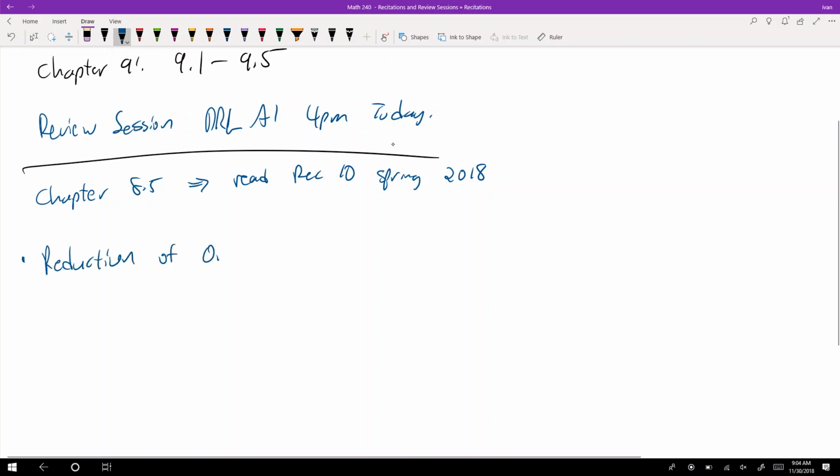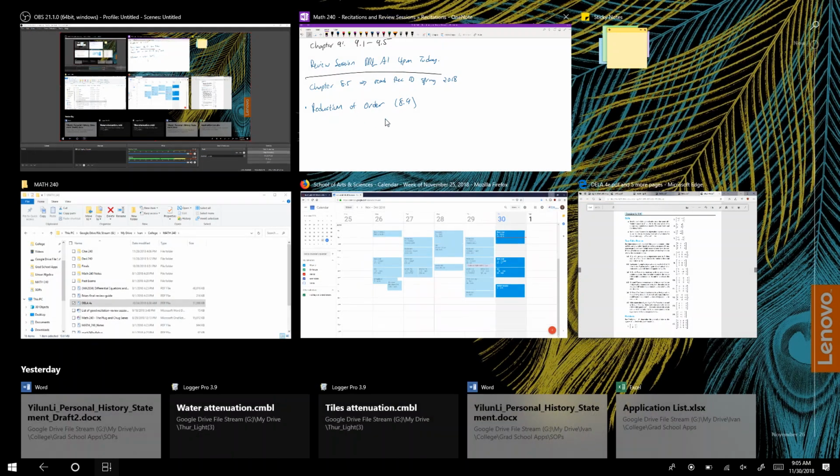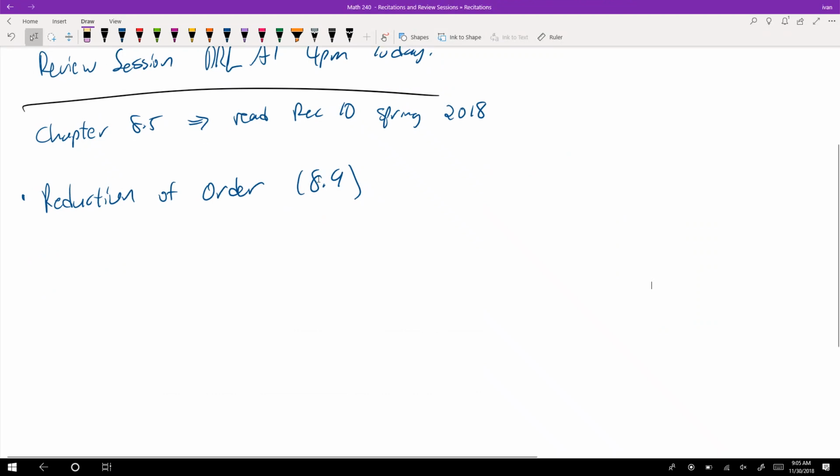reduction of order. So this is 8.9. Just going to make sure I'm recording. Okay, cool. So reduction of order, what is it? It's a method of solving differential equations. And let me get my sheet aligned. So here's the idea.